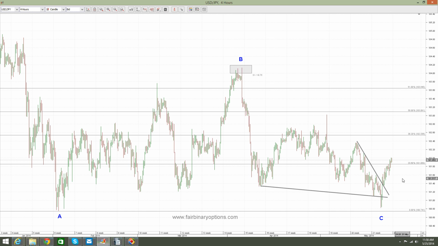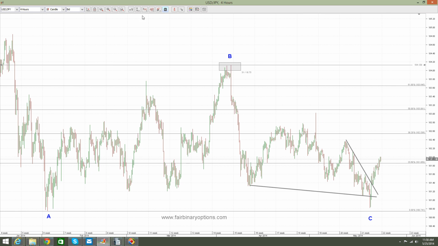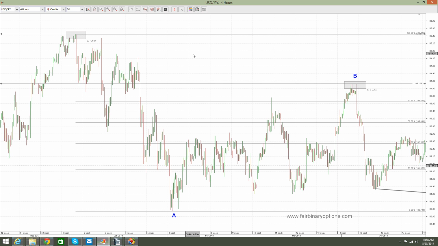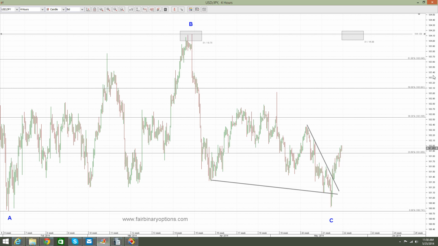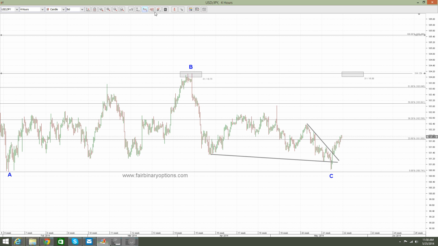I would say that the first target to the upside would be the highs in the previous B wave here to be taken, to be challenged, and then of course the highs at the beginning of the move to come as well. So long story short, this target should be here as well.